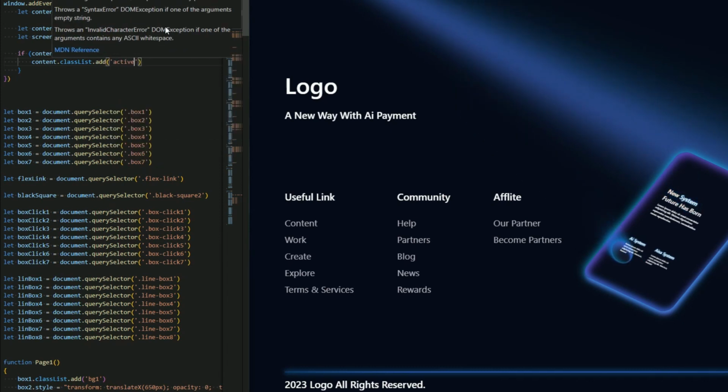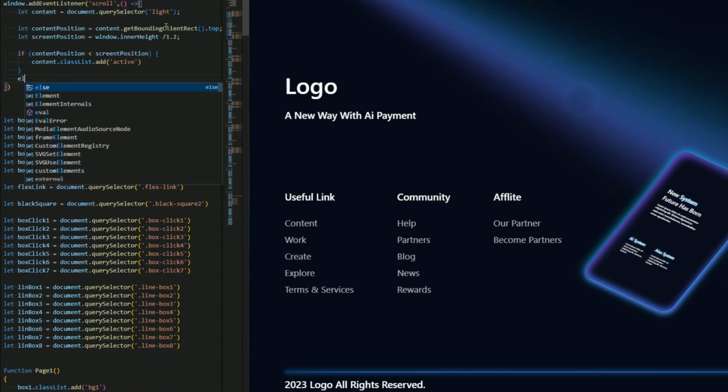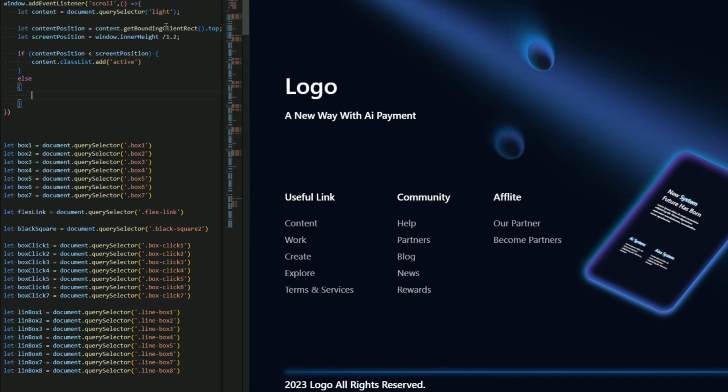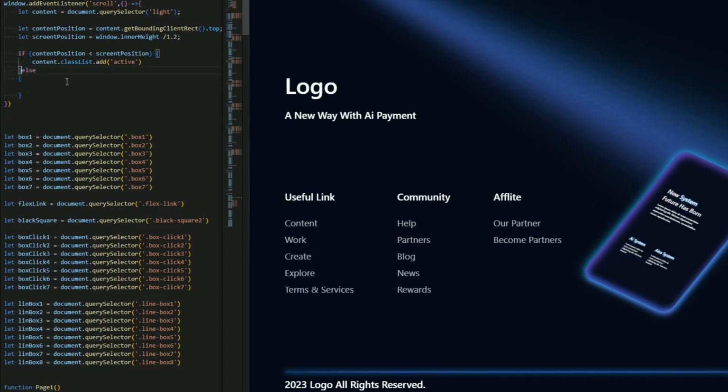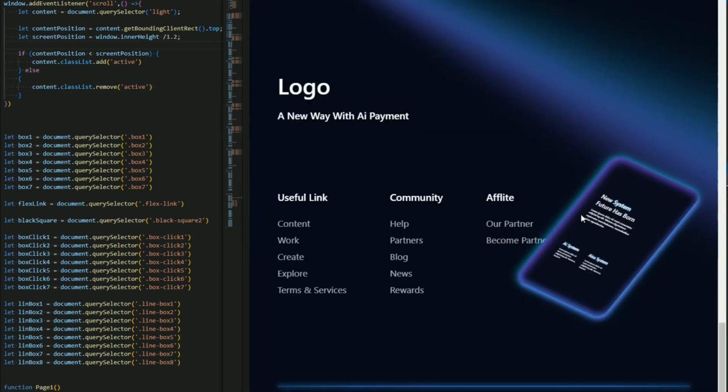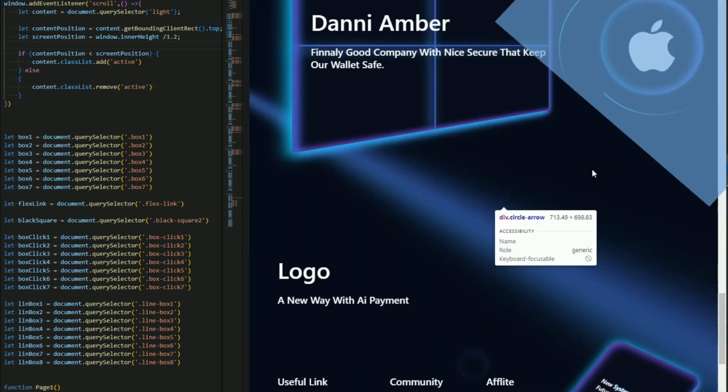Okay, and else copy this, paste it, and just add remove instead of add. Okay, let me fix this. Copy this, paste it just like I said, and add remove to remove the active that we just created. There you go. Now let's go to the inspect to see if this JavaScript is working or not.